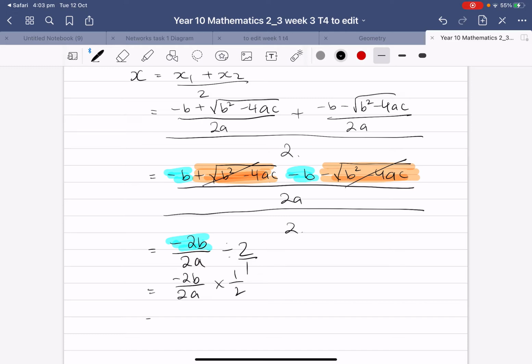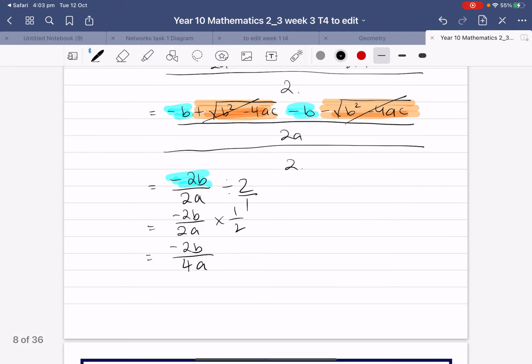Okay, now this is going to be negative 2b over 2 times 2a, which is 4a. So our final is going to be 2 over 4. That cancels if we simplify it. We're going to divide the top by 2, which is 1, and we're going to divide the bottom by 2, which is 2. Okay, so it's going to be negative b over 2a.